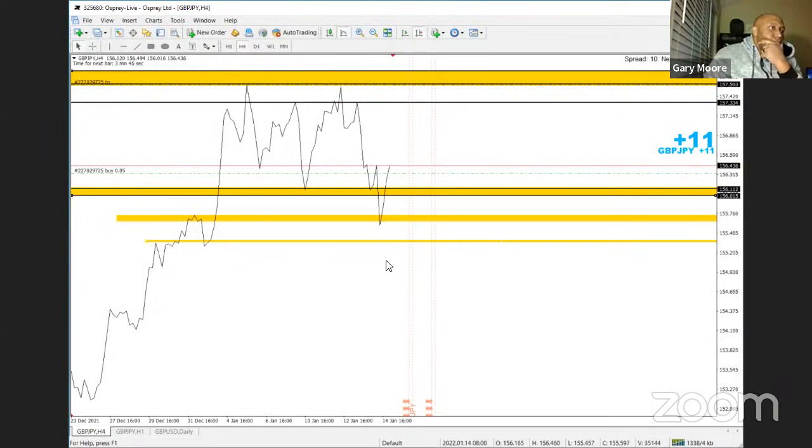I want you all to see this. Look at the zone that I got marked up here, right?